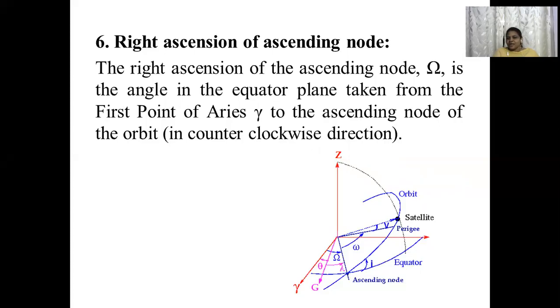So the angle between this gamma and the ascending node is lambda. So the right ascension of ascending node, lambda, is the angle in the equator plane taken from the first point of Aries to the ascending node of the orbit, in counterclockwise direction, that you can see here. So that is right ascension of ascending node. These are the 6 orbital elements.